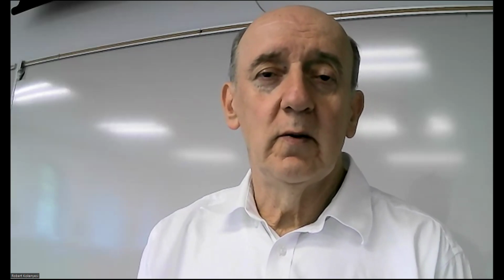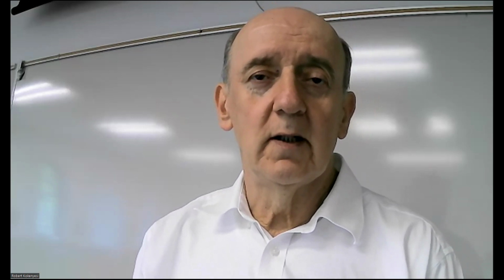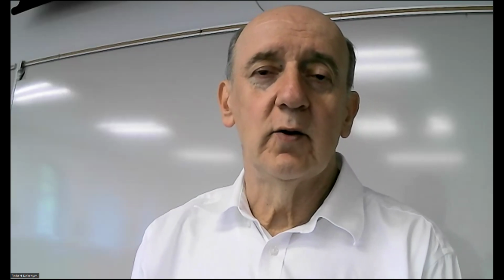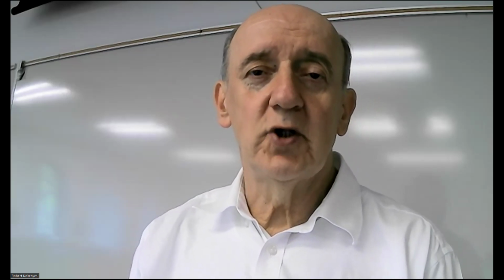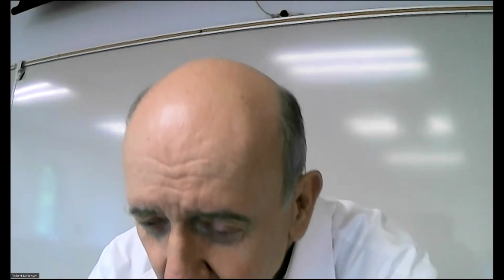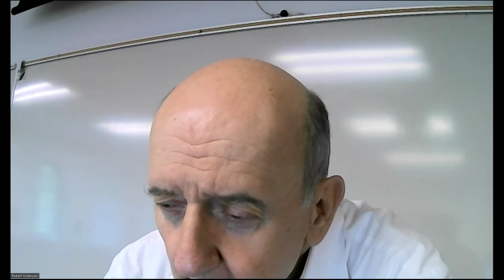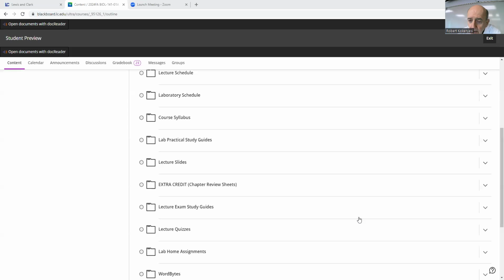So we're going to go into the syllabus. It is written out in good detail there, and that's a good document to look at while I'm explaining the grading. So let me start the screen share and we'll go from there. So here we are inside your class shell, and here is this course syllabus.